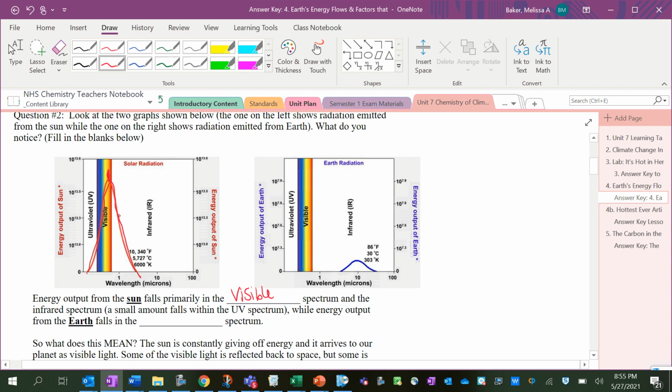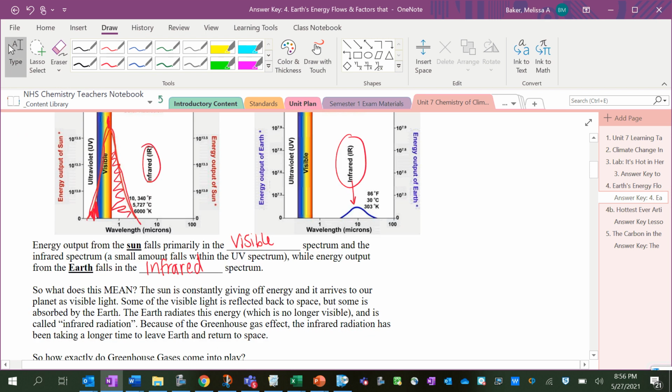There's a little bit that falls within the ultraviolet right there, and the rest is in the infrared, while energy output from the Earth falls entirely within the infrared spectrum.